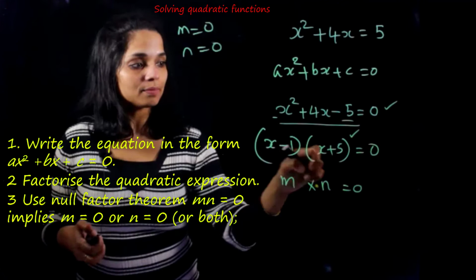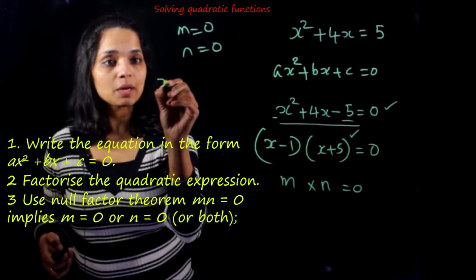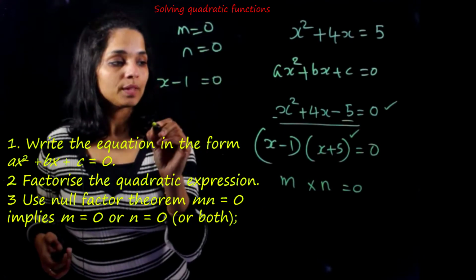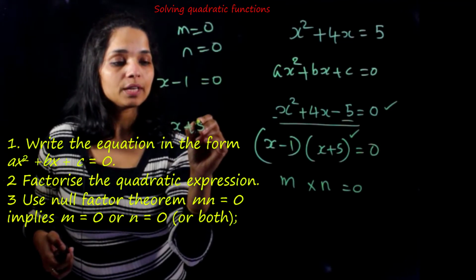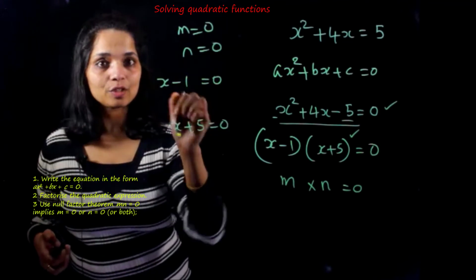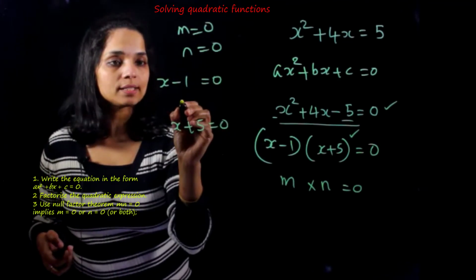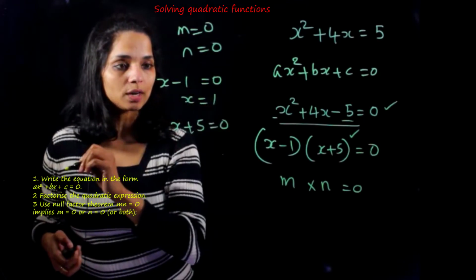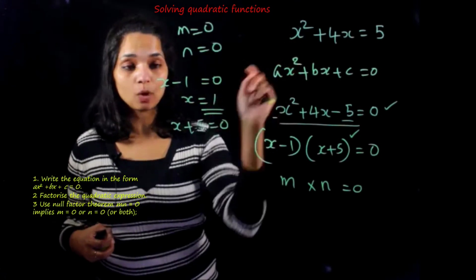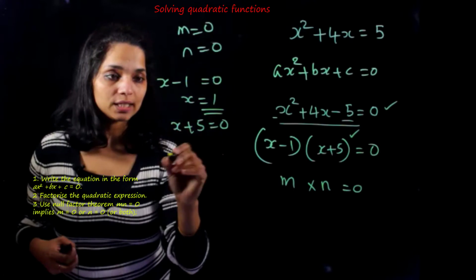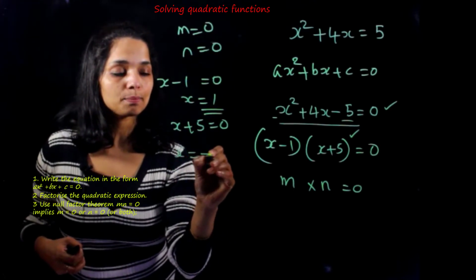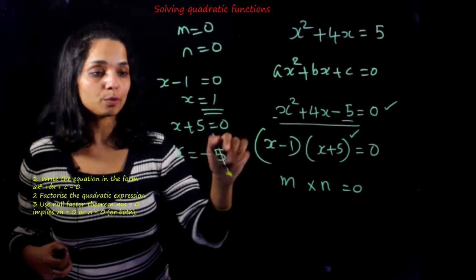So this is m, this is n. So x minus 1 equals 0 and x plus 5 equals 0. You can add 1 to both sides, and that gives x equals 1. That's one of the solutions for this equation. Then using the other equation, x equals minus 5 by subtracting 5 from both sides.